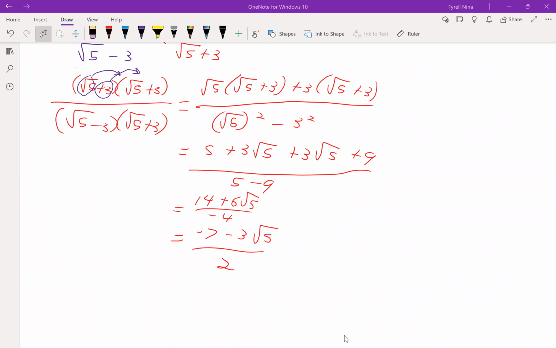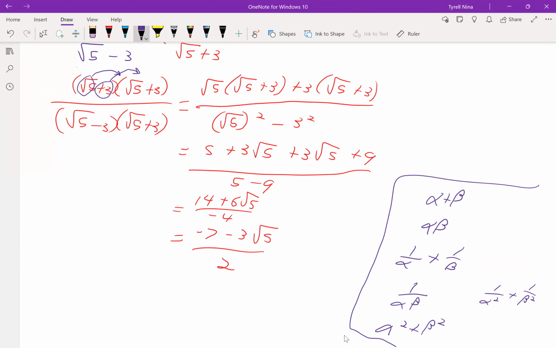What I would just say, learn your alpha plus beta, alpha beta, 1 over alpha plus 1 over beta, 1 over alpha beta, alpha squared plus beta squared, 1 over alpha squared plus 1 over beta squared. Learn these, right? Learn what they are, learn the formula, and learn how to make the quadratic.